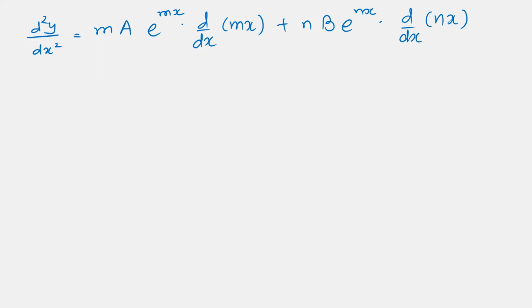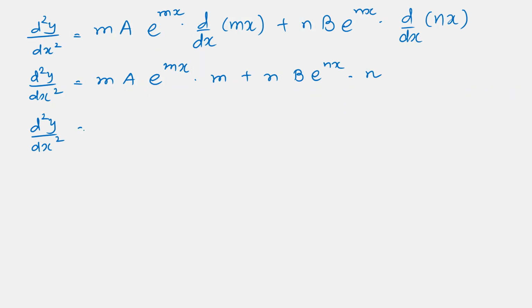So these are terms so that you can relate and remember. So d2y by dx2 is equal to m into a e to the power mx. Here mx gives m. We understood 5x gives 5, minus 3x gives minus 3, mx gives m, and b e to the power nx, nx gives n. That means my d2y by dx2 is equal to m square a e to the power mx, m into m.